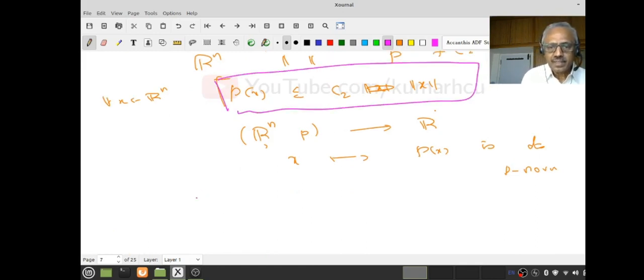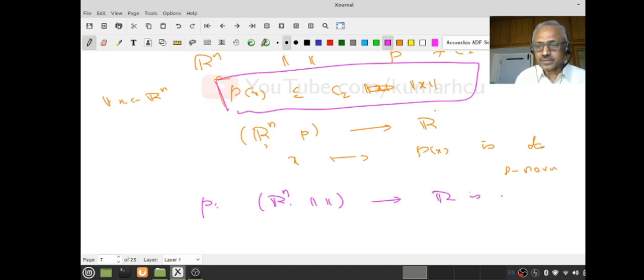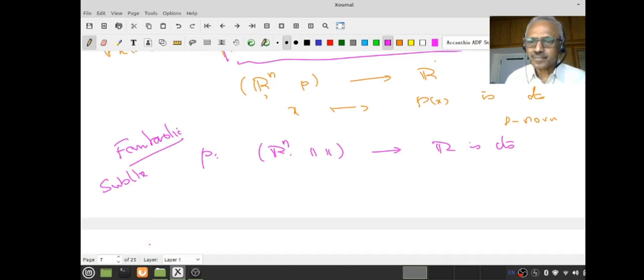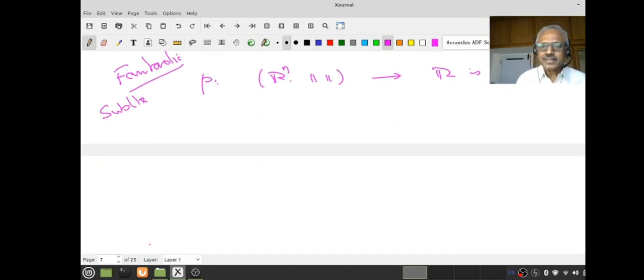It says the map P from Rn with the Euclidean topology, Euclidean norm, to R is continuous. Something fantastic. Very subtle and significant. How do I prove that? Again, do that. So fix an x in Rn. I want to prove continuity of P at x.